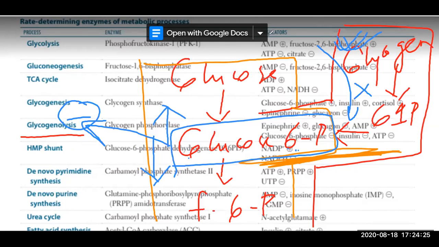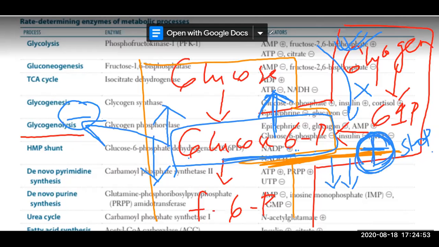So when the product is more, the cycle stops. This is called feedback inhibition. The product is more, the cycle will stop. The product is less, the cycle will occur more. Feedback activation.